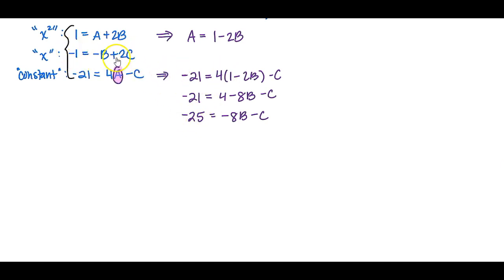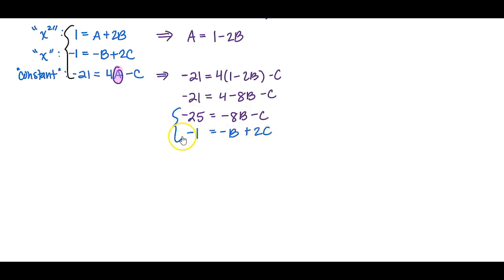And so now I'm going to use that middle equation, -1 equals -b plus 2c. So this is my little smaller system of equations that just involves b and c. Now to solve this system, I'm going to multiply the top equation by a positive 2 to cancel out this c right here, plus 2c.